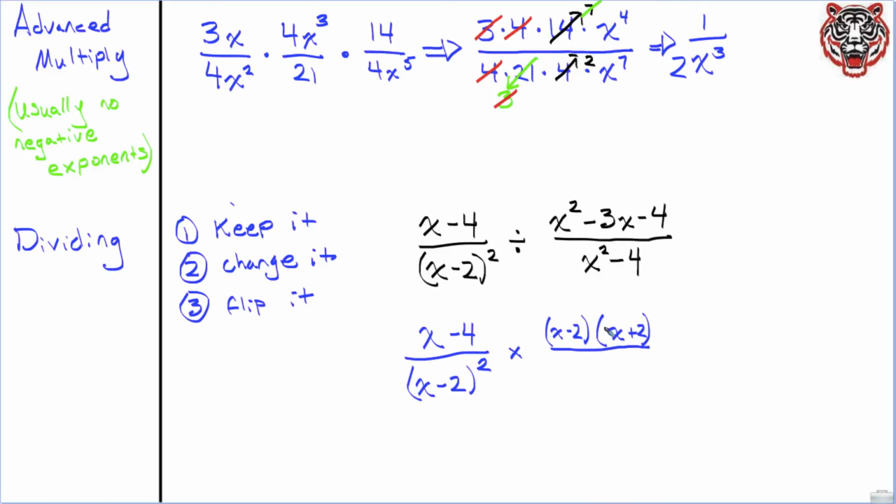And then x squared minus 3x minus 4, that's going to factor to what? x minus 4 times x plus 1. X minus 4, x plus 1. There it is.